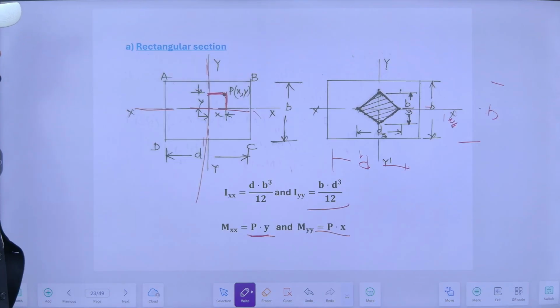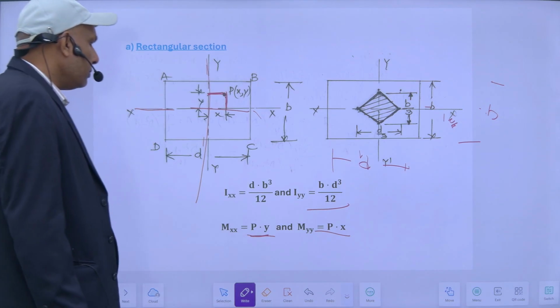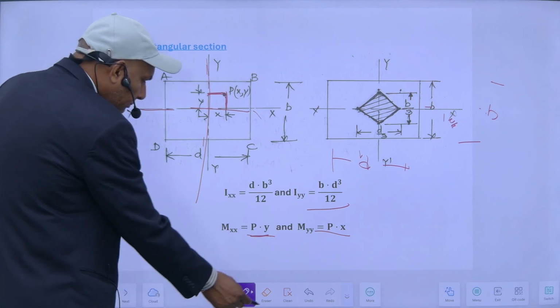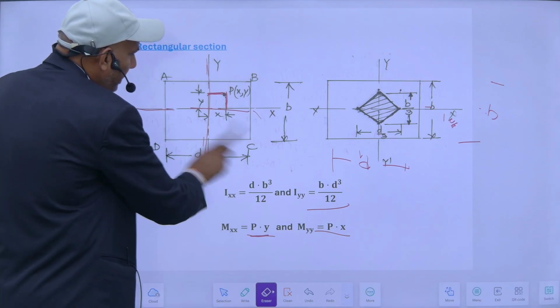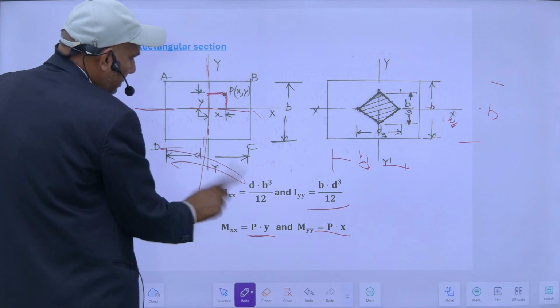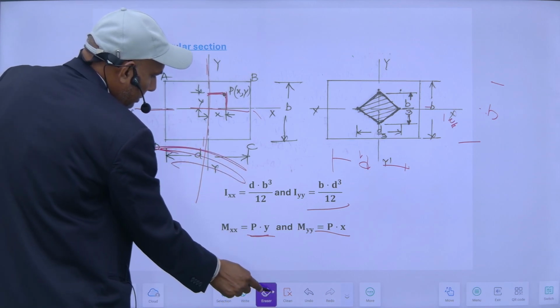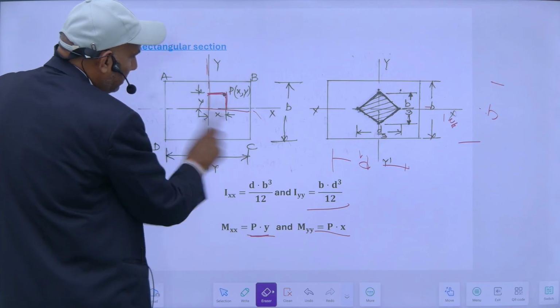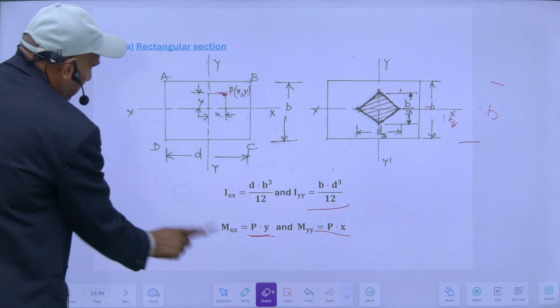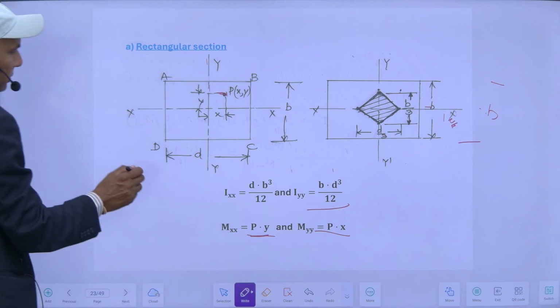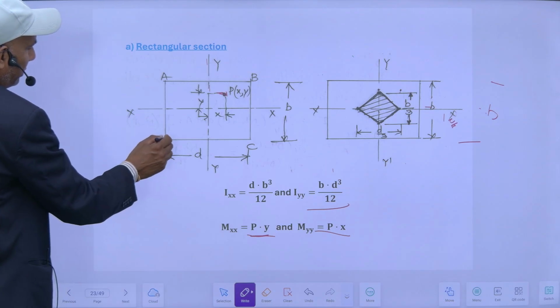Suppose there is any point where we want to know the stresses. Suppose I want to know my stress about this point.